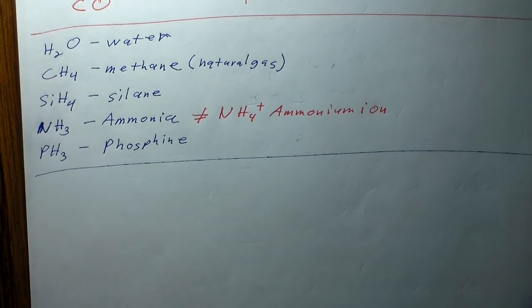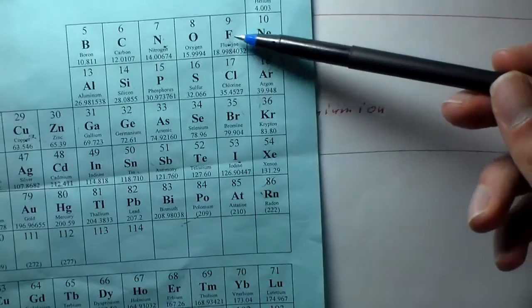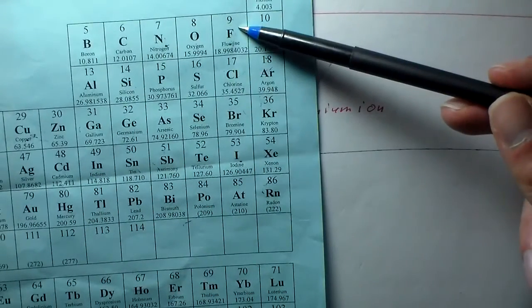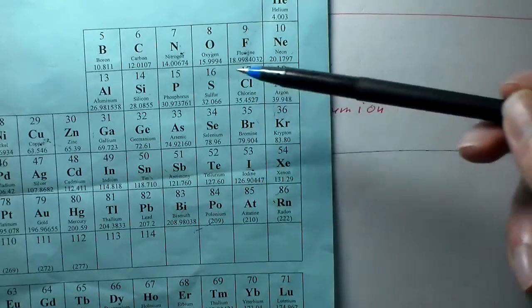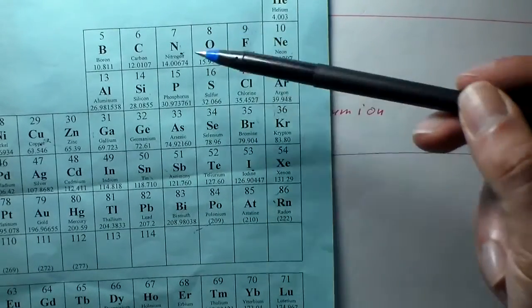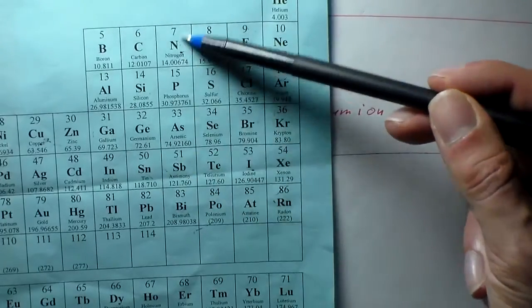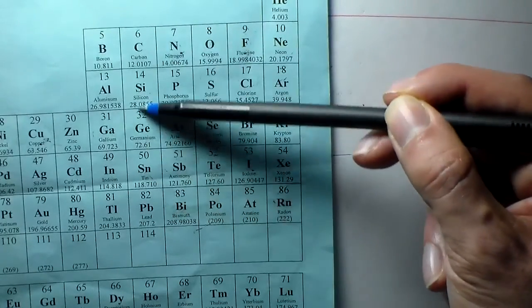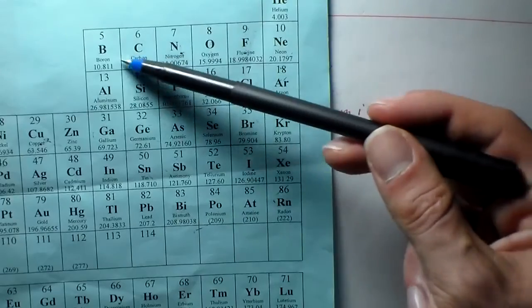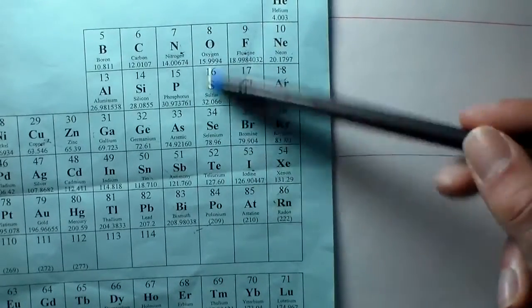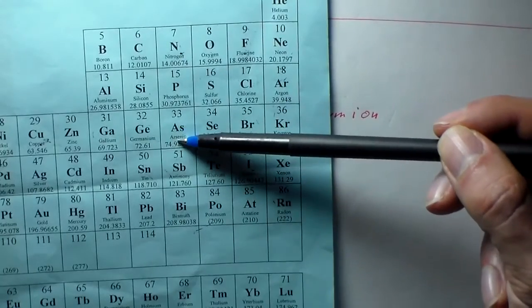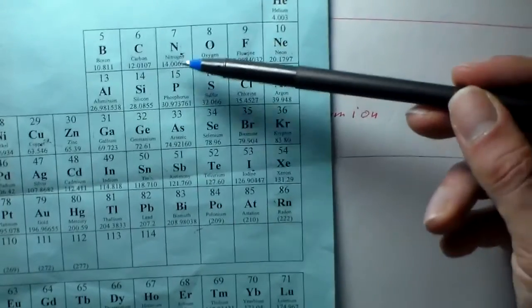So if we look here at the periodic table, basically the hydrogen will bond once. In other words, all these compounds right here will have 1 hydrogen. All these compounds here will have 2 hydrogens. All these compounds here will have 3 hydrogens. All these compounds here will have 4 hydrogens. And really, that's as far as we're going to worry about going. But this is going to make our lives a lot easier trying to figure out what the formulas are for these. And actually, we already saw some.